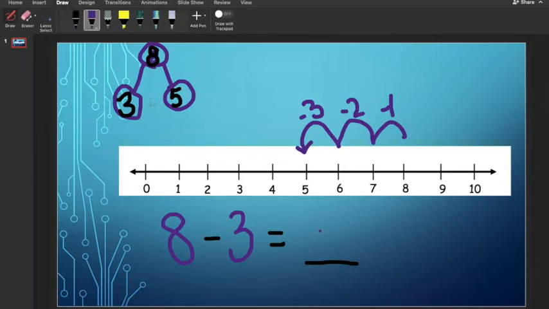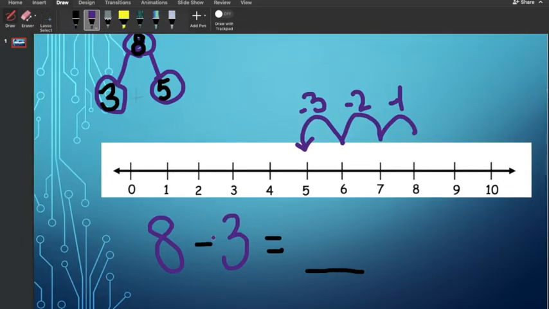But in my subtraction equation, 8 take away 3 equals 5. And if you look at this, the greatest number is still at the beginning. And it will be for a subtraction sentence because we have to have the most when we start to take away the parts or the part. Okay, let's go ahead and erase that.